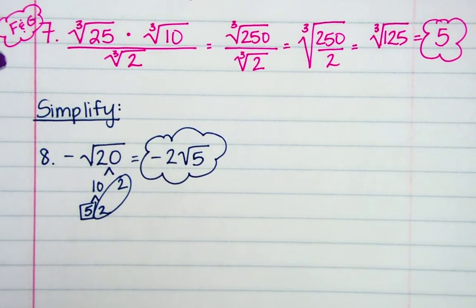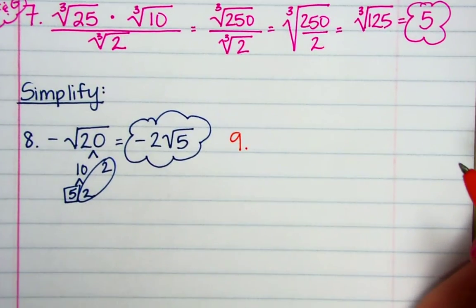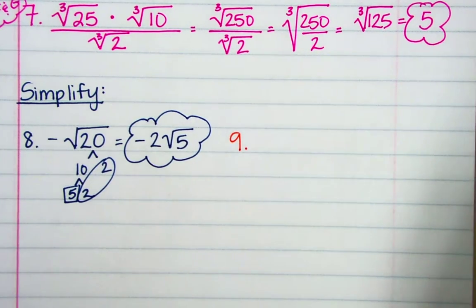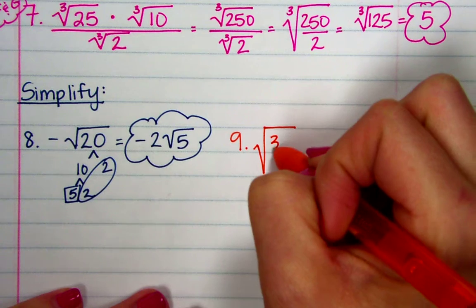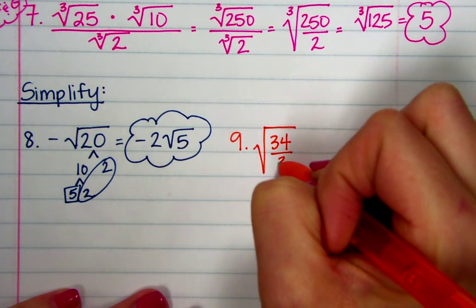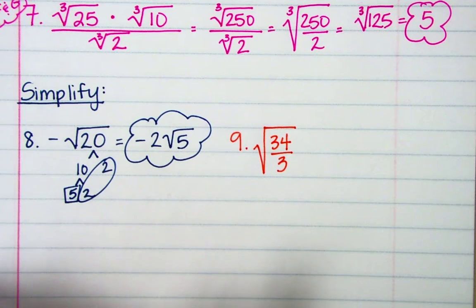All right, we just have a couple more. This one is number 9, probably the most difficult one. So stick with me on this one. The square root of 34 divided by 3.